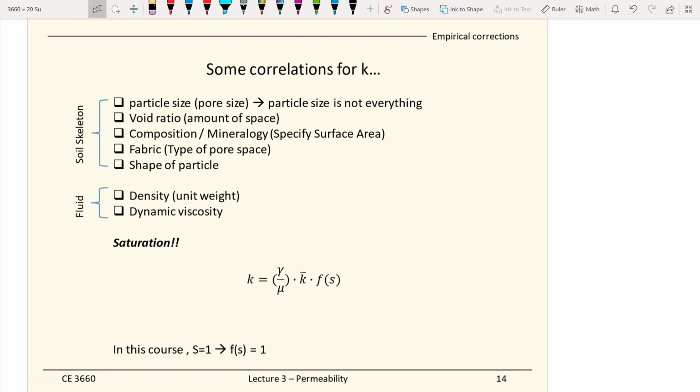And for those correlations, first of all, think about what type of soil parameters or soil characteristics it is related to. Research on the theoretical framework tells us hydraulic conductivity depends on the soil skeleton and also depends on the fluid type. The basic form is like this: this is the fluid part and this is the soil skeleton. So hydraulic conductivity is pretty much based on those two parts.